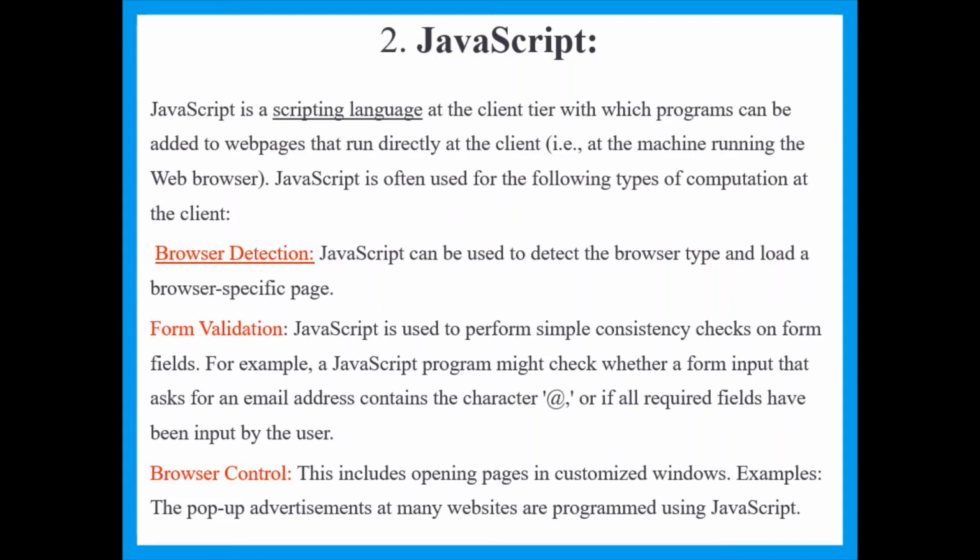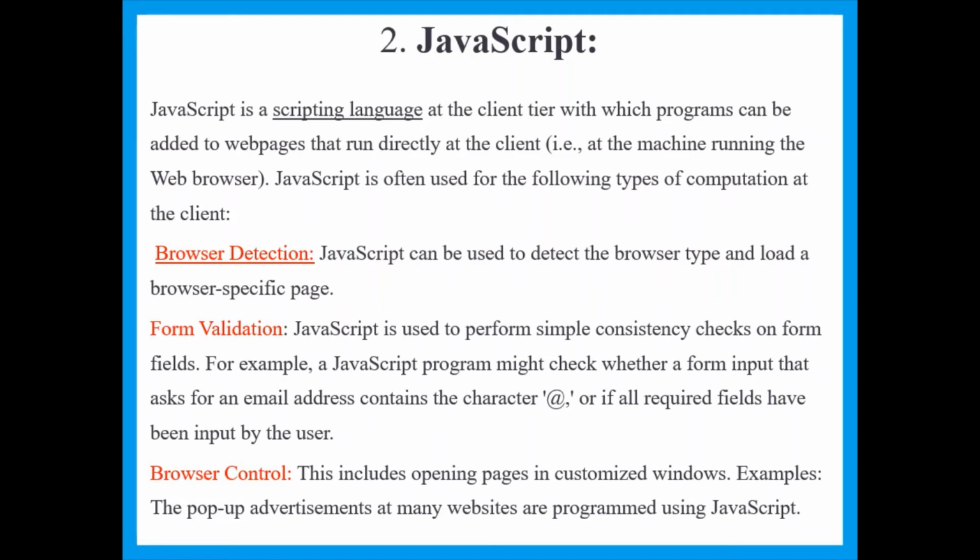JavaScript is used to perform simple consistency checks on the form fields. For example, a JavaScript program might check whether a form input that asks for an email address contains the character @, and if all required fields have been input by the user.